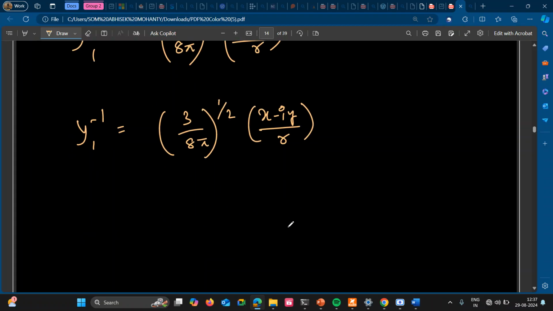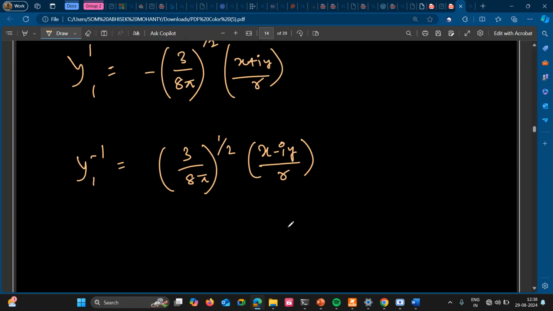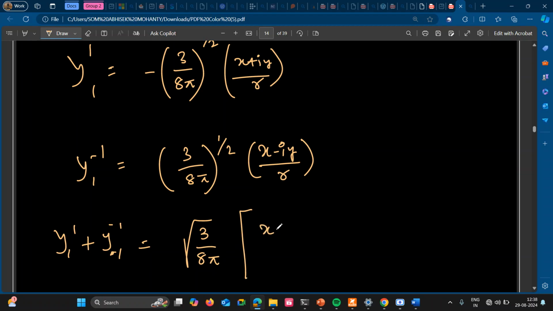So now, if we add these two, Y11 plus Y1 minus 1, just add them. We will get root over 3 by 8 pi if we take it common, (x minus iy) by r minus (x plus iy) by r.